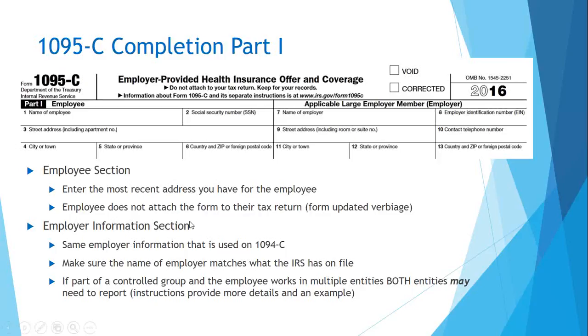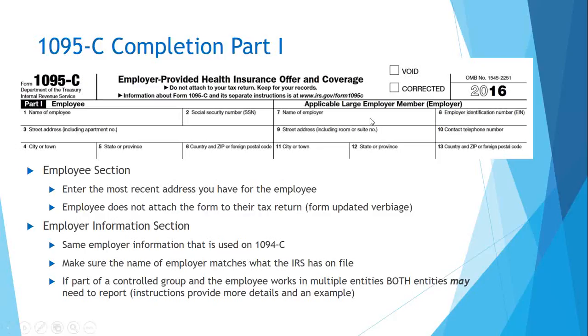And I've been asked, well, why in the heck are we doing this if they don't need to attach it to their tax return? It does have a lot to do with the individual mandate and individual subsidies. But that's about the only reason I can think of that they need to have a copy.